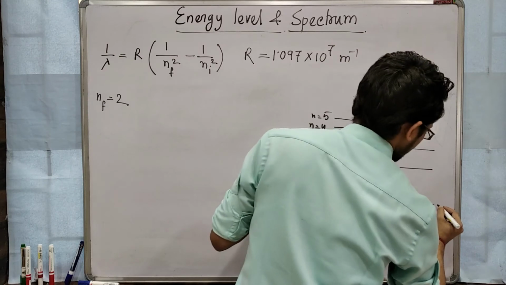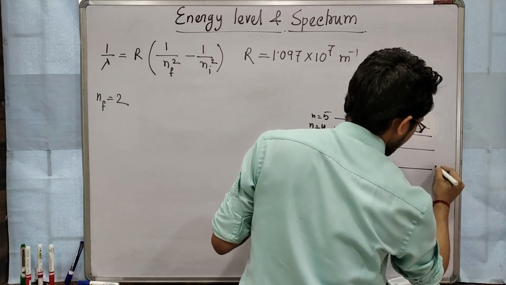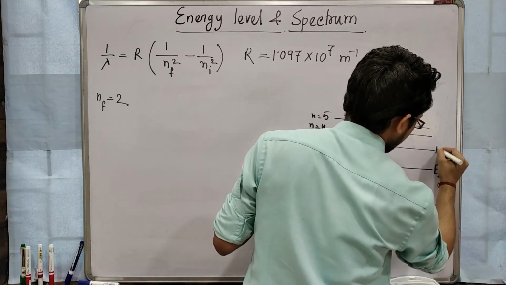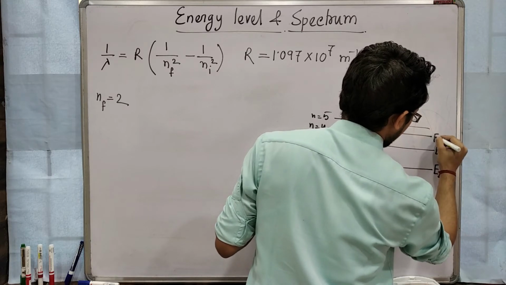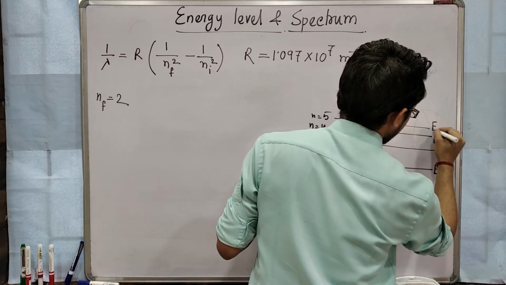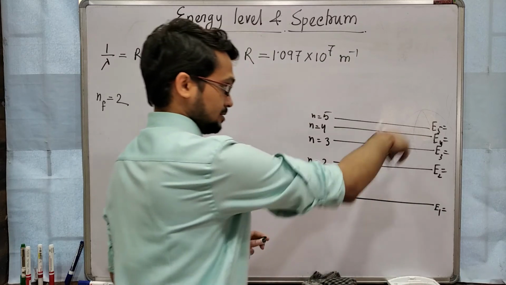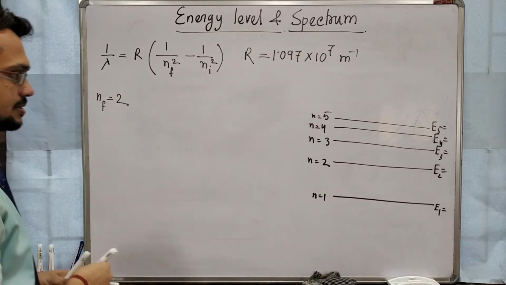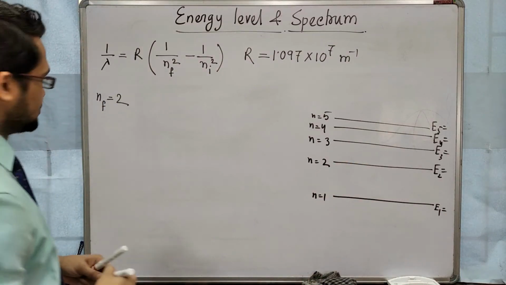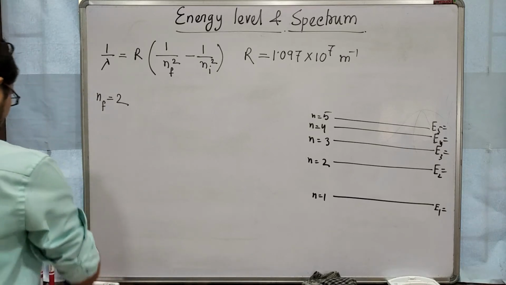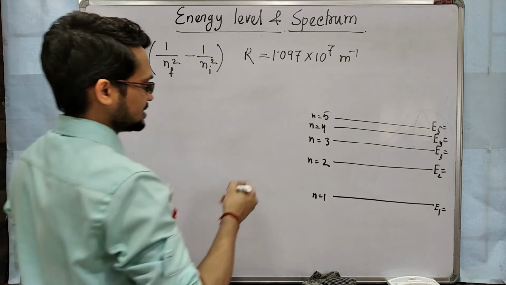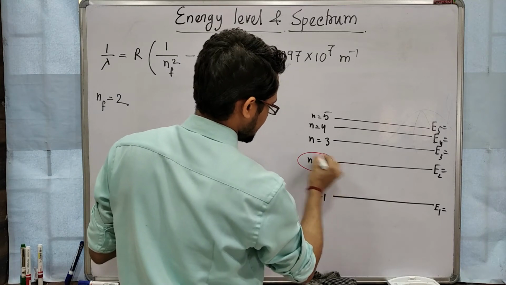We will write the energies also, E1, E2, E3, E4, E5. These values you will write, I am not writing them. So here we are taking the spectrum for which the final state is equal to 2.